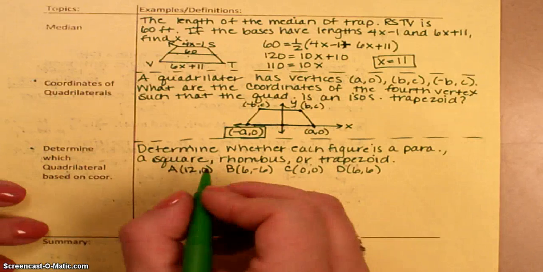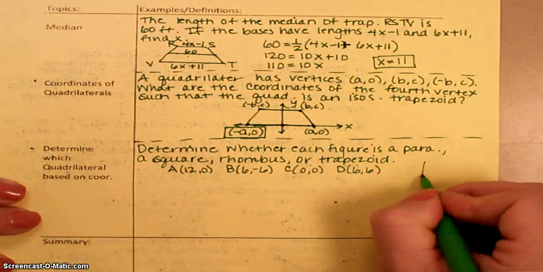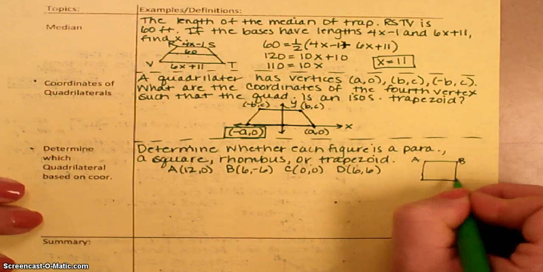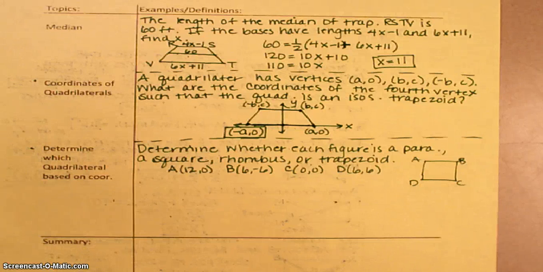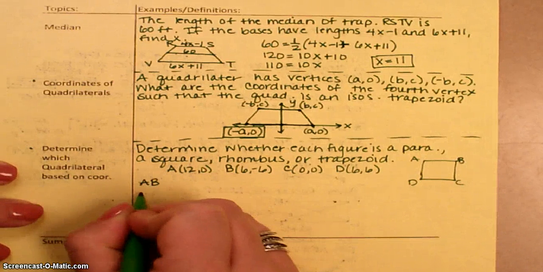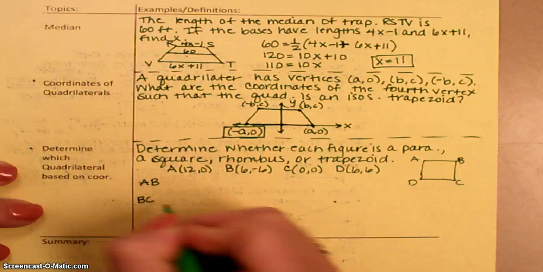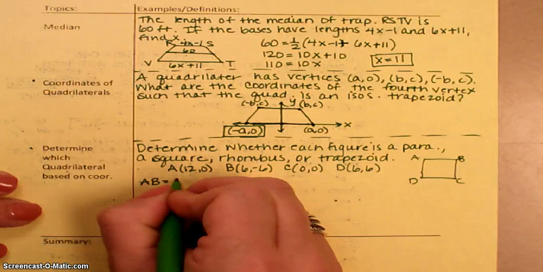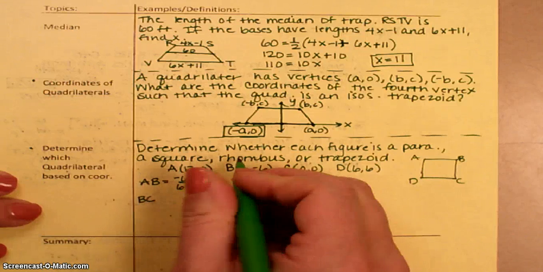All right. So if we have this figure, no idea what it is, random quadrilateral A, B, C, D, we need to see what kind of angles we have. So if we go slope of AB, BC, let's see here. AB is -6 minus 0 over 6 minus 12.